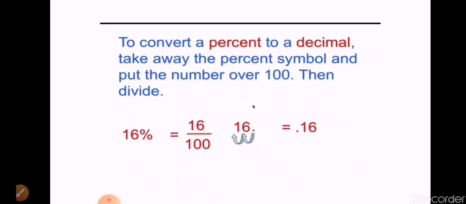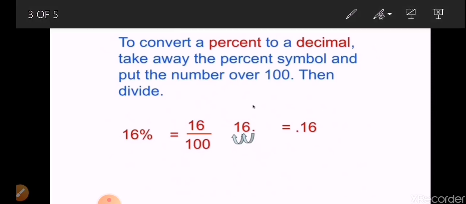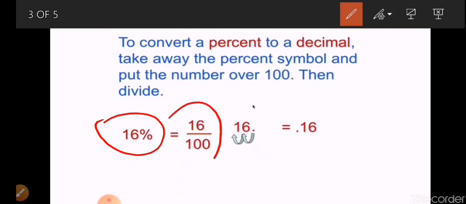Okay, now let's move to how I can convert from percent to decimal and the opposite. If I have a percent like 16% and I want it as a decimal, 16% means that I have 16 from the 100, so I can write it as a fraction, 16 over 100, which is 0.16. We have another way.